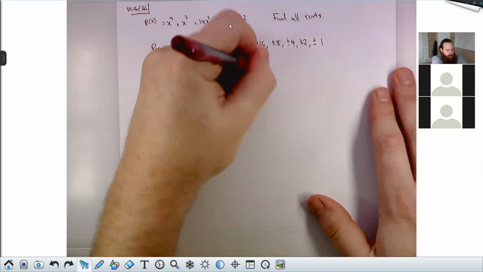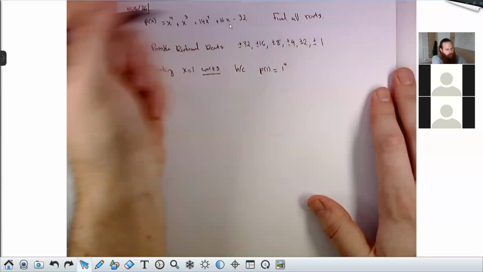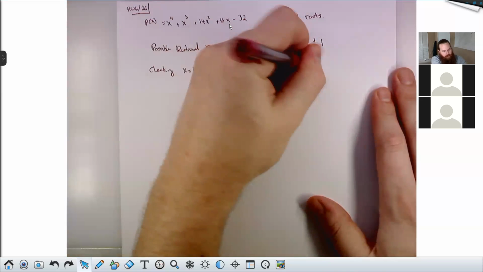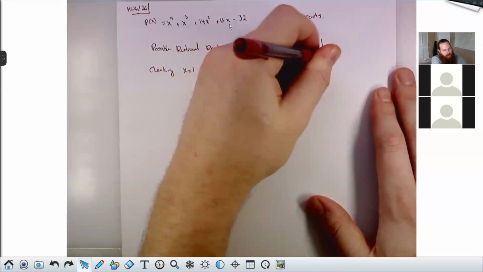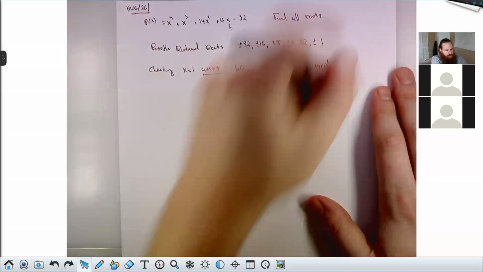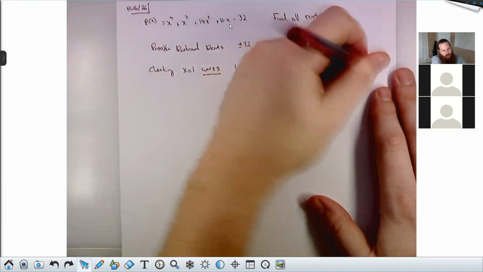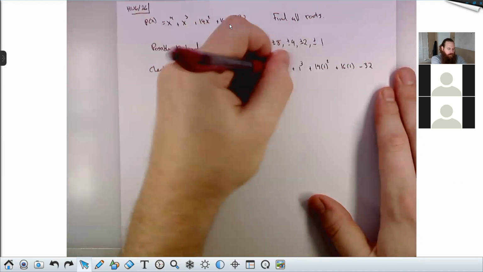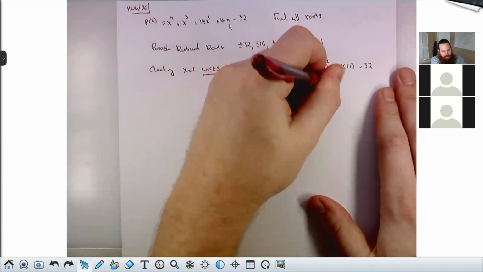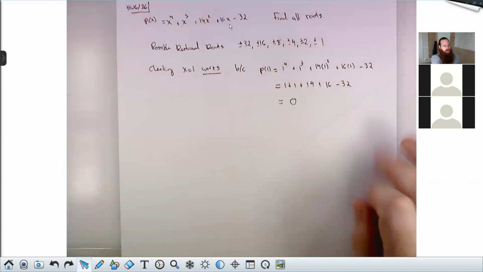This works because P of 1 is 1 to the 4 plus 1 cubed plus 14 times 1 squared plus 16 times 1 minus 32, which is 1 plus 1 plus 14 plus 16 minus 32, which is 0.